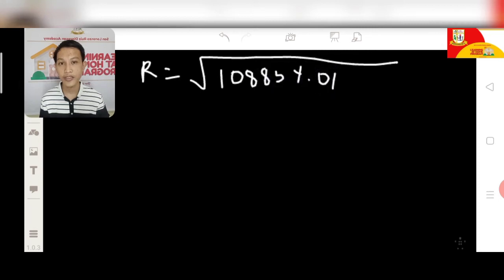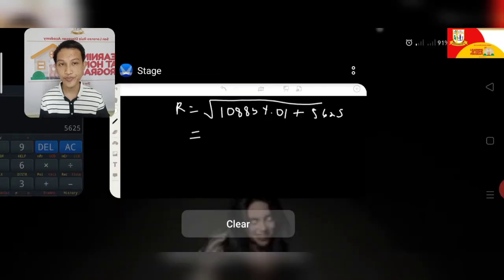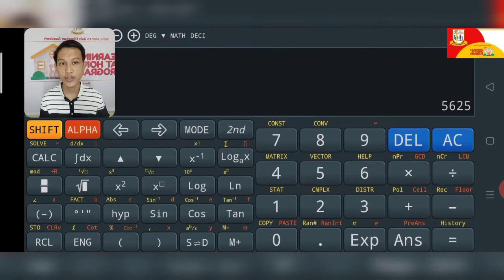Then add the two values before getting their square root. So we have again R is equal to the square root of 108,834.01 plus 5,625. Use the calculator, 108,834.01 plus 5,625.